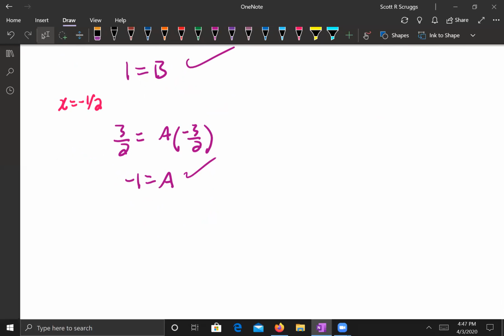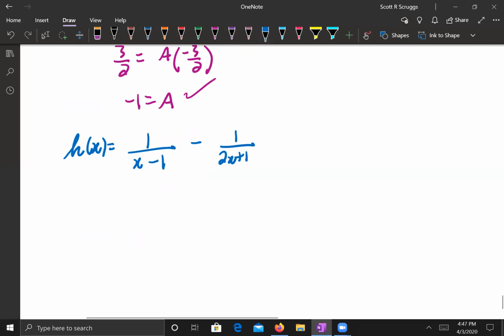All right. So now we have h of x equal to 1 over x minus 1 minus 1 over 2x plus 1. And now I want to get into the form of 1 over 1 minus x. To do that, I'm going to do some reordering here.